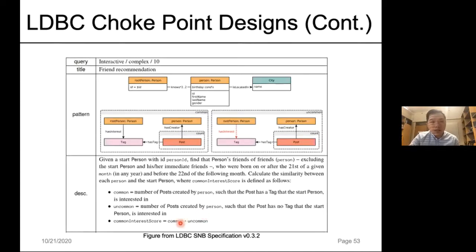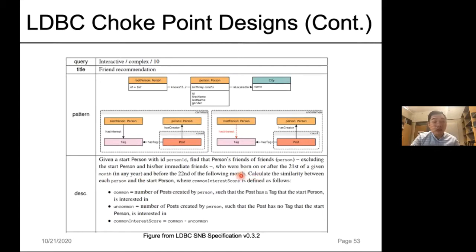So take query 10 as the example. This query focuses on friend recommendation. For a given person, it finds this person's friends, and these friends should be born on or after the 21st of a given month.